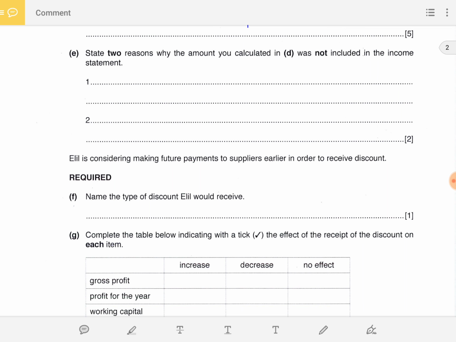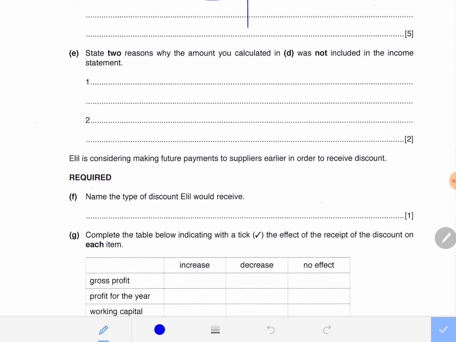Since it does not represent sales during the year, you cannot put it in the income statement.